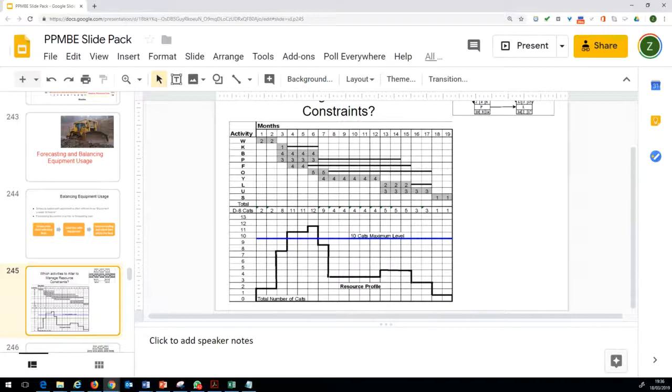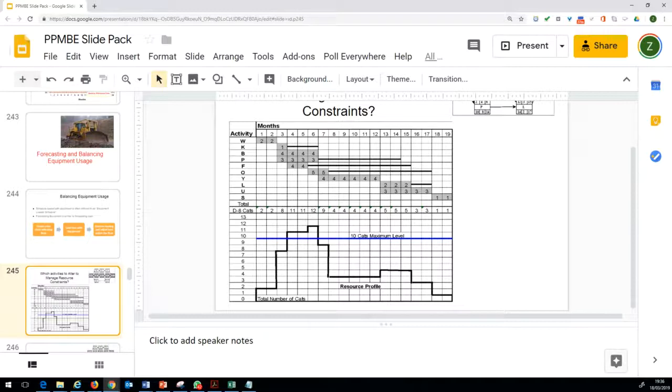It's not easy to mobilize heavy equipment. You have to pay charges to get them on the site and then get them off the site, and once on the site we would not like the heavy machinery lying there, wasting our resources and also increasing our risk. So our intention is to have a more leveled resource profile.